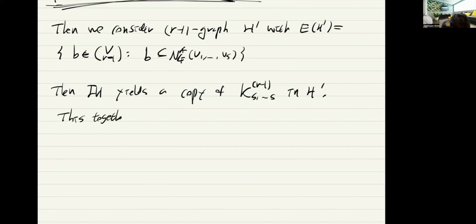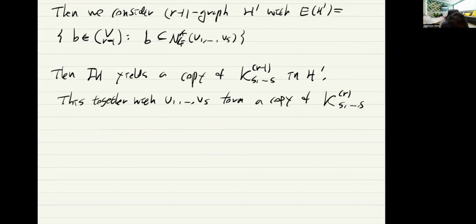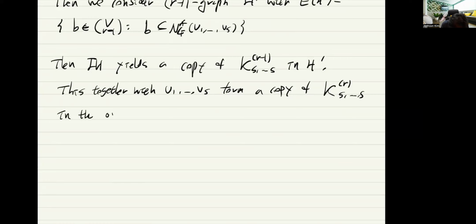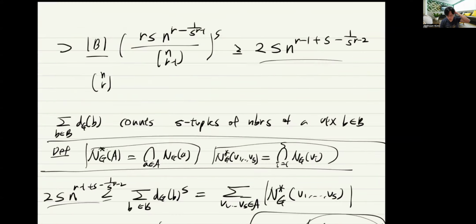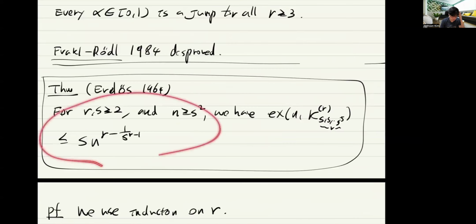This together with p1 to ps forms a copy of the desired r-partite r-graph in the original hypergraph H. So there is a contradiction, because we assumed that H does not contain a subgraph isomorphic to this. So this shows that the upper bound holds.